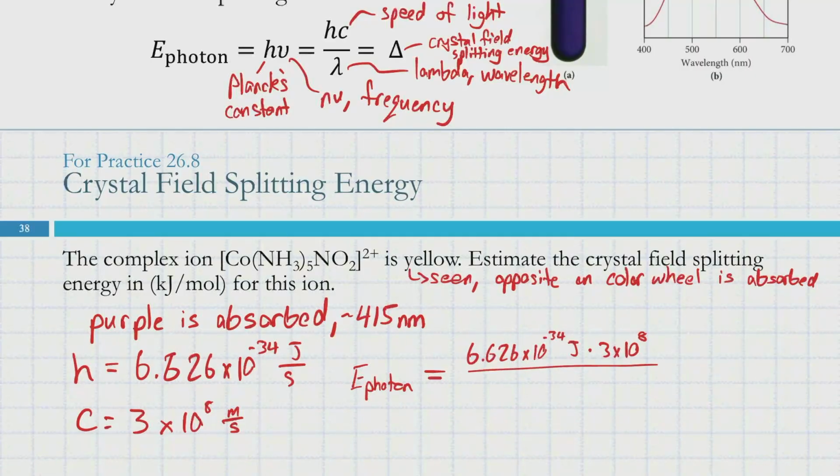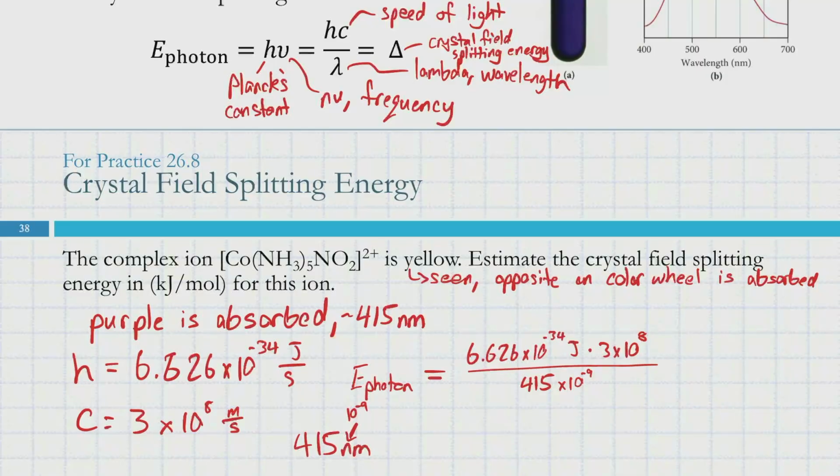And then on the bottom, our wavelength, and this has to be in meters because the speed of light is in meters. So we've got 415 nanometers. Nano is our prefix for 10 to the minus 9. So I just put in 415 times 10 to the minus 9.